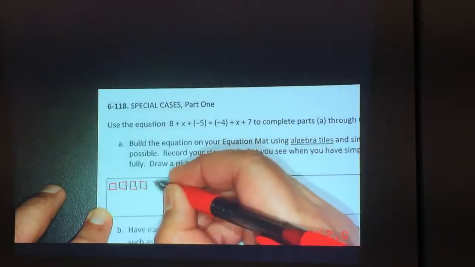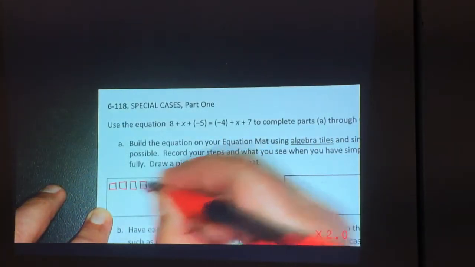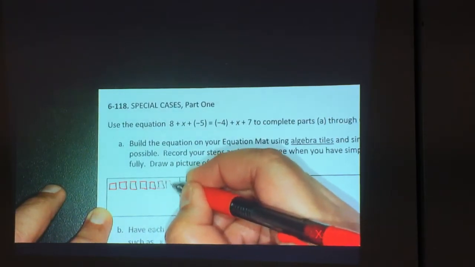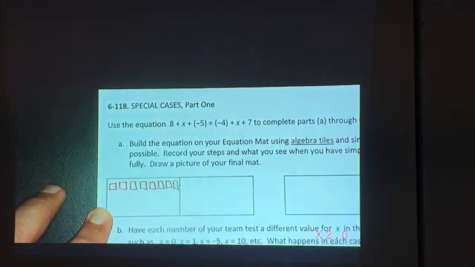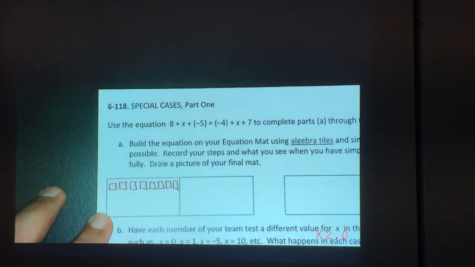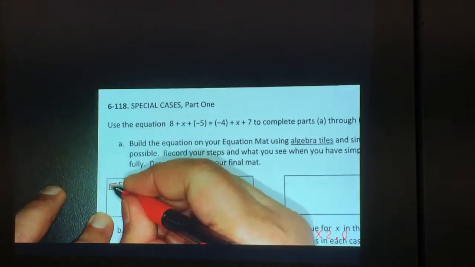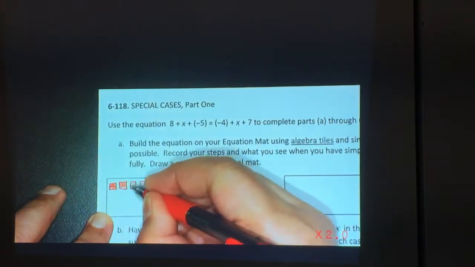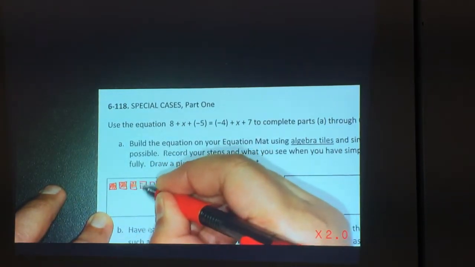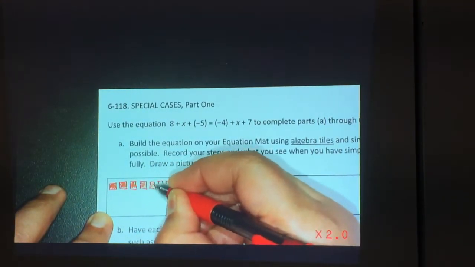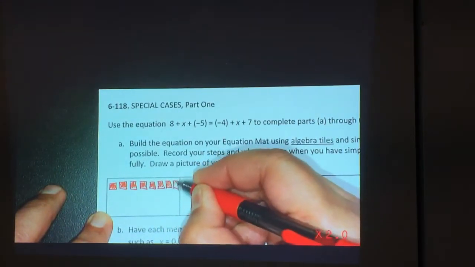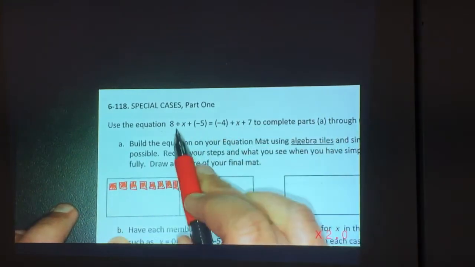How many do I need? 8. 1, 2, 3, 4, 5, 6, 7, 8. Okay, did you decide if they're shaded or not? They are shaded. Let's go back and shade them. Okay, so that took care of the 8.